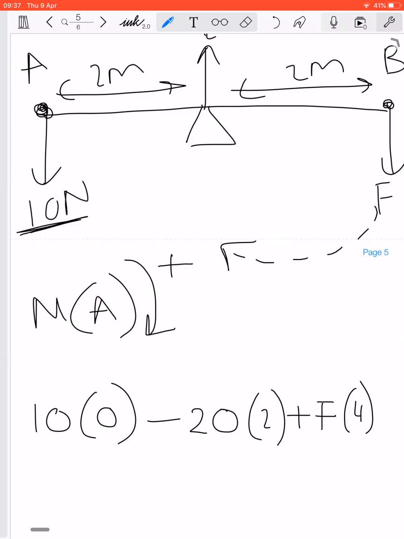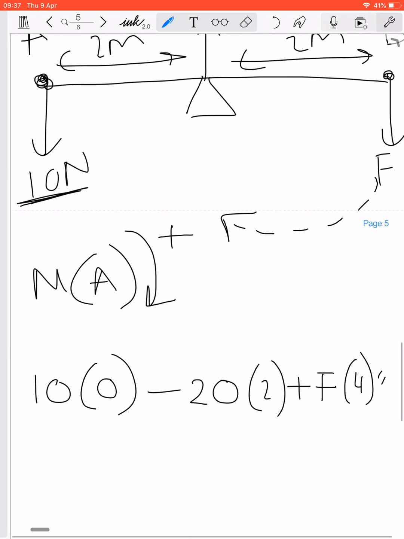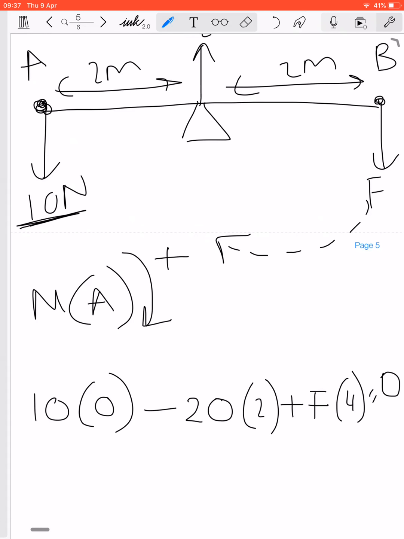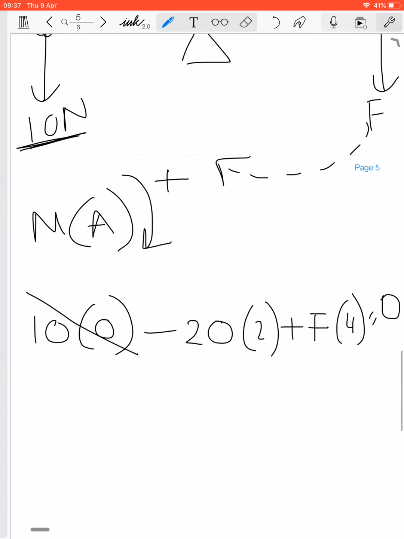And that is all your forces on your beam. It's a balanced beam, so it must equal 0. There we go, equals 0. And all we need to do now is rearrange. Right, well, 10 times 0 is 0, so we'll get rid of that. Minus 20 times 2, so minus 40.